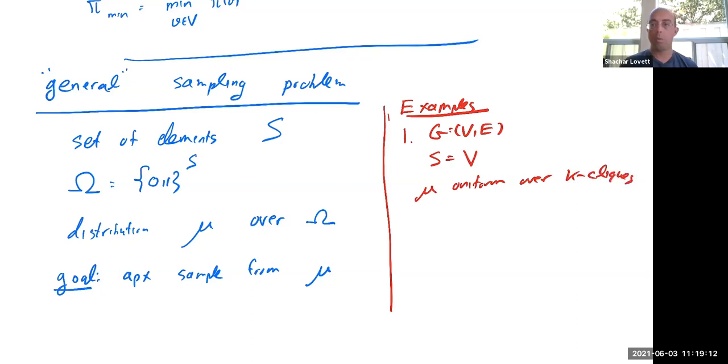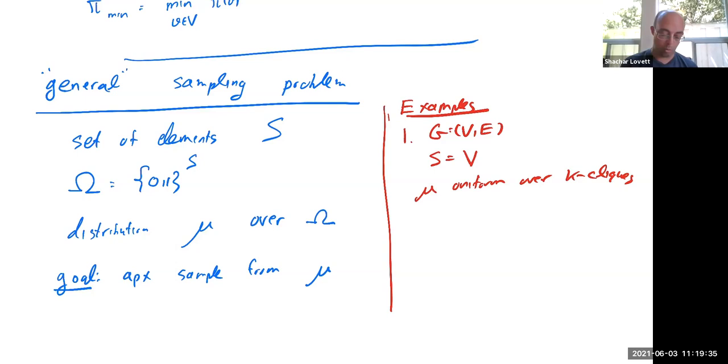Right, so I can imagine a k-clique as being 0, 1, and every node is set to 1 if it's in the clique, 0 if it's outside the clique. So basically, omega is going to have vectors of Hamming weight k that correspond to a clique in a graph, and I want to sample from this distribution. So that's the same as sampling a random k-clique.